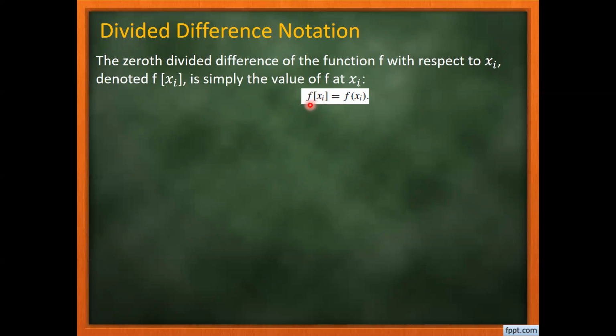So this is the zeroth order divided difference at the ith node, which equals the function value at the ith node.